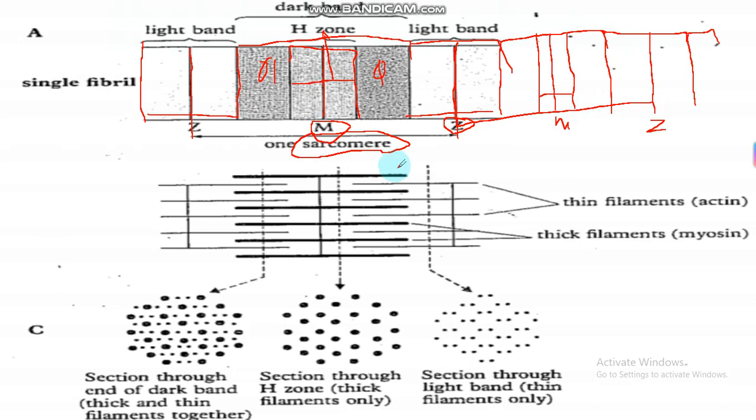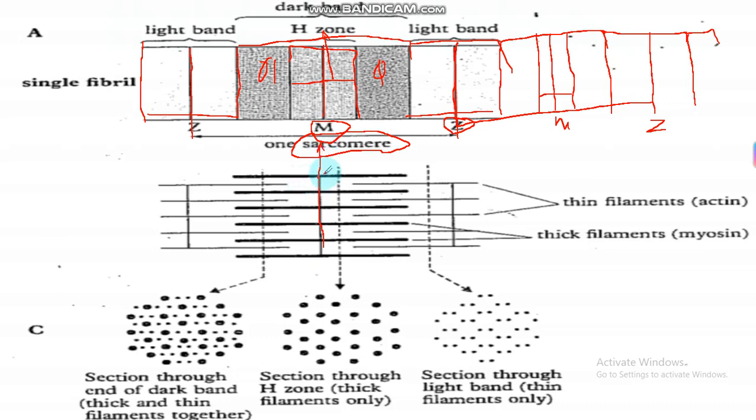So, when you are representing them, we always draw a central line. That thick line in the middle represents the M line.